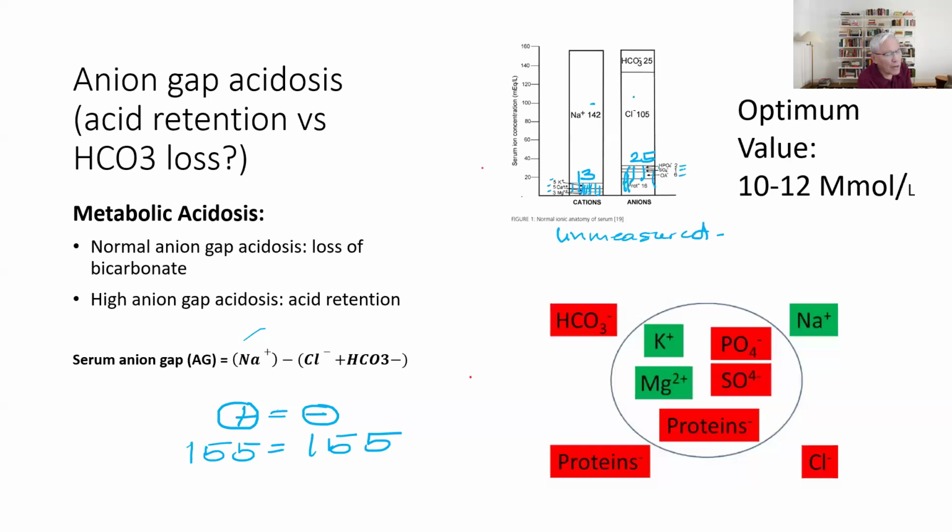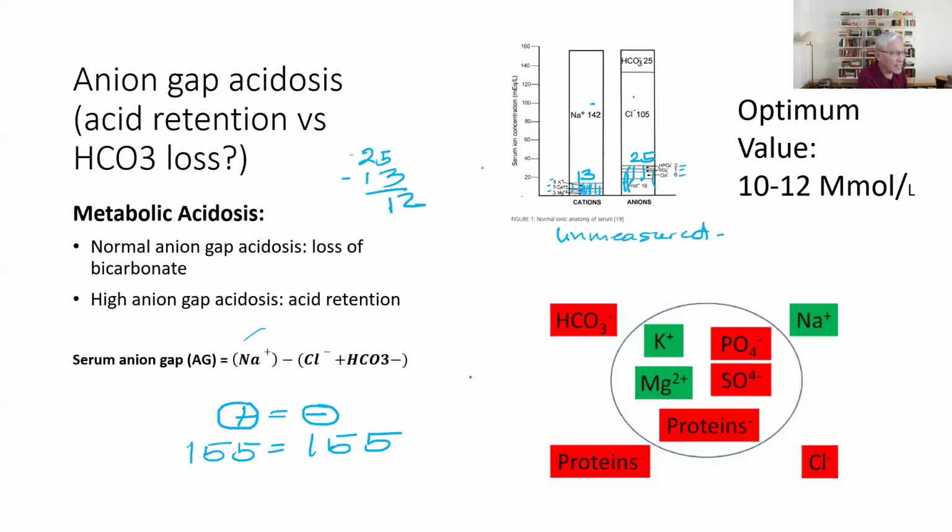Do you understand where I got the 25 and the 13? Yes. Okay. So 25 minus 13 is what? 12, right? The difference between the unmeasured anions and the cations is usually 10 to 12.